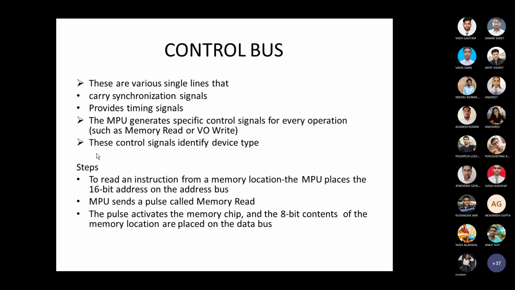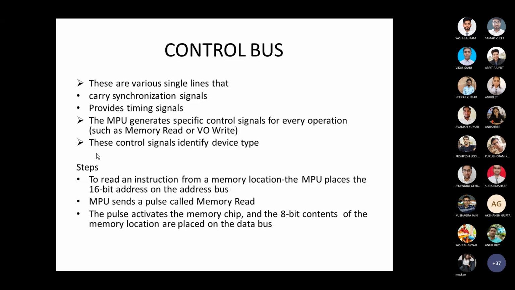So the microprocessor generates a specific control signal for every operation. The control signals are generated for a particular operation by the microprocessor itself, and there is control logic inside this microprocessor.